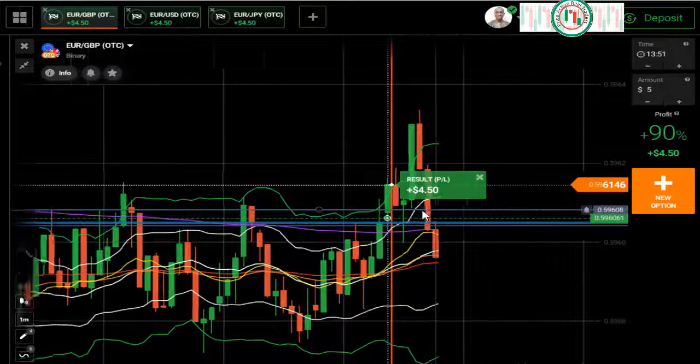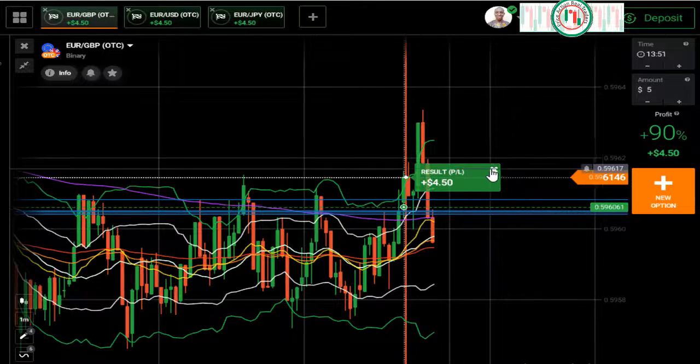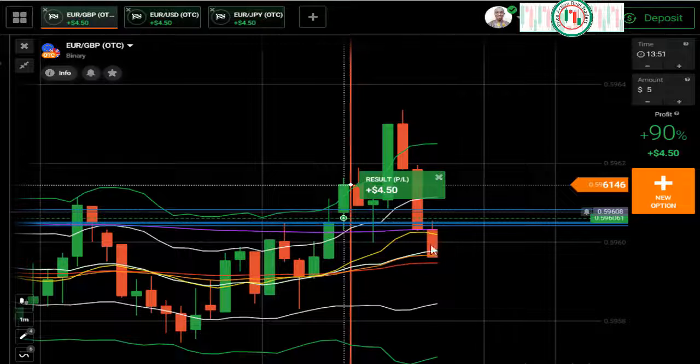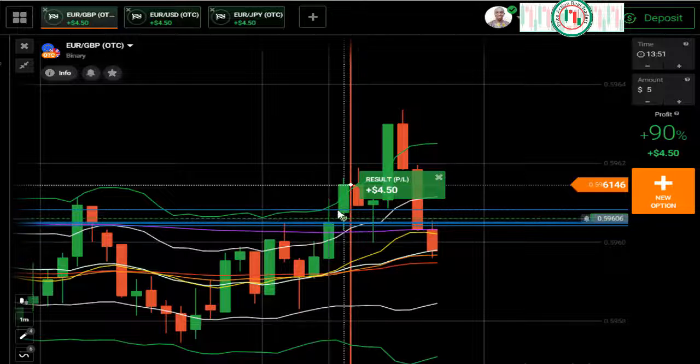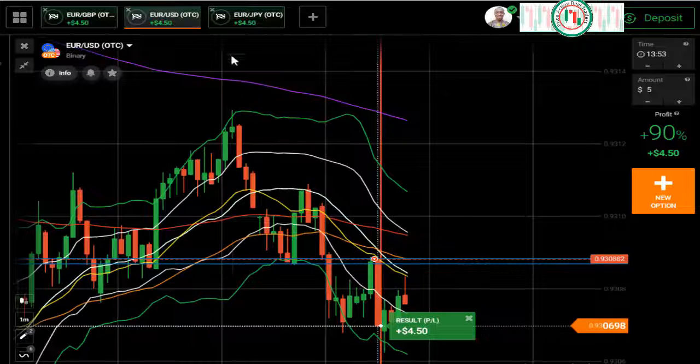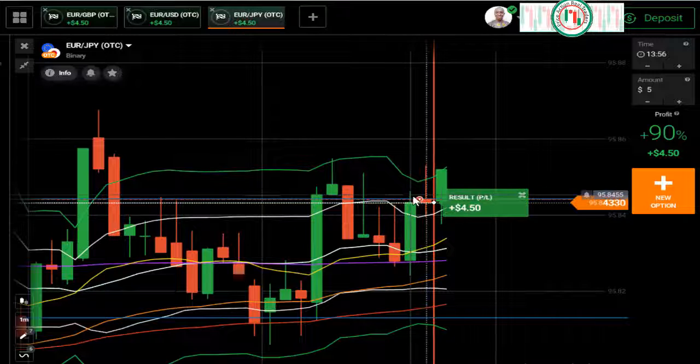So in this situation, you have to be very, very careful, because not all support and resistance is working in this type of situation. You can see support and resistance will not work. So you have to be careful, and you have to know where market will reverse. You see here, this market is supposed to reverse from this level, but it's going up.